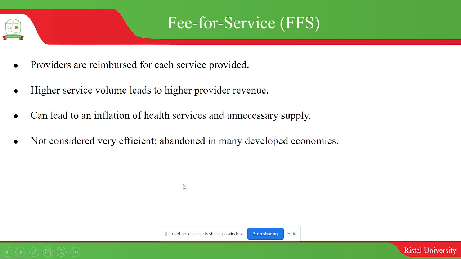So it is not very efficient, and some countries don't allow this. Okay, it leads to people not taking services that they may have needed because they are being charged more. So this is being discouraged.